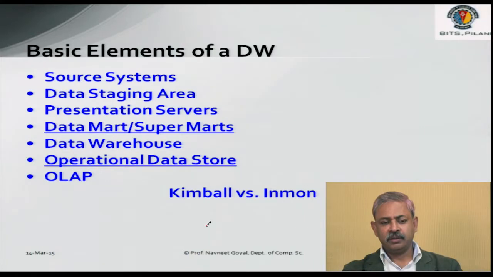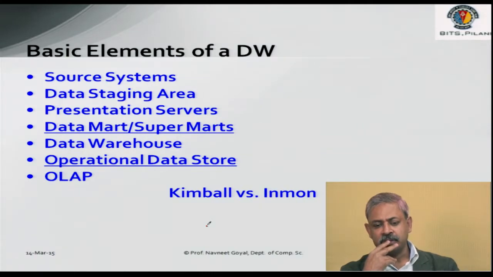And in today's presentation, if you look at source systems, I think I've already given you some idea in the first two modules, like what we call a source system.